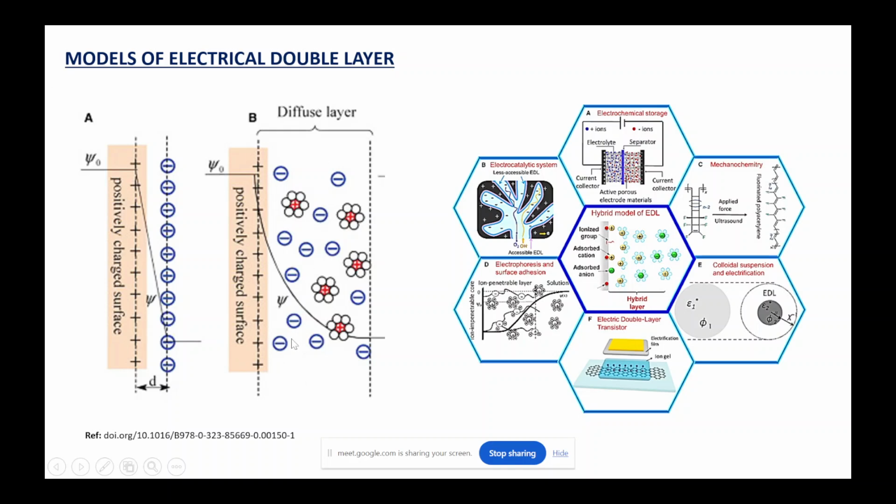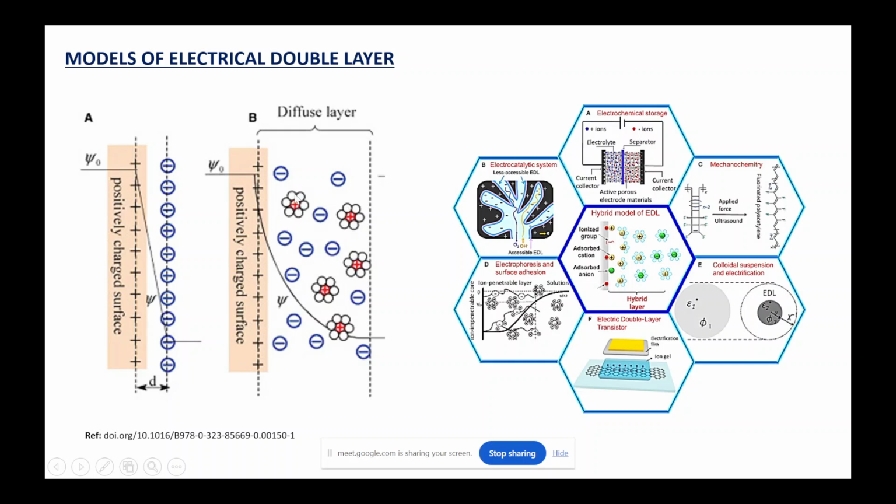If you see figure B, compared to the spacing between the positively charged and the negatively charged species in case A, in case B that particular distance is quite large. And you can see the negatively charged ions that are attracted to the positively charged surface.